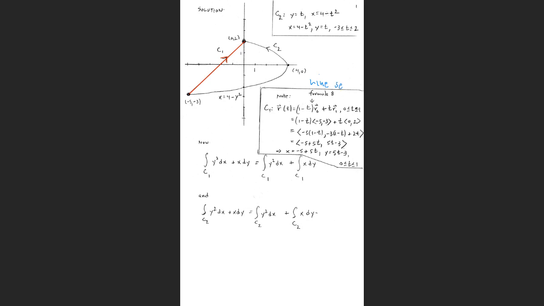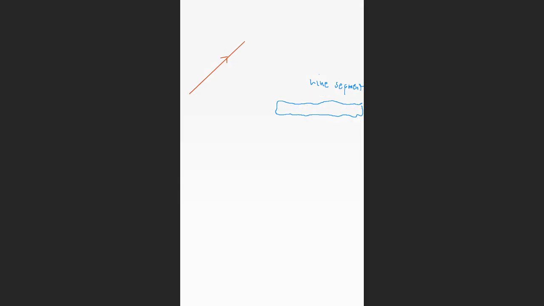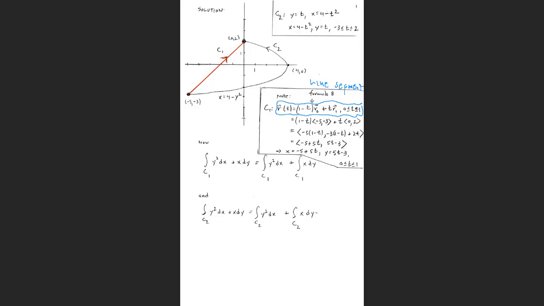So anytime you have a line segment, you can find the parametric equations of the line segment using this vector equation: 1 minus t times an initial point r sub 0 plus t times the end point.